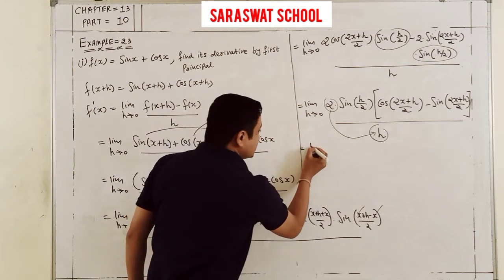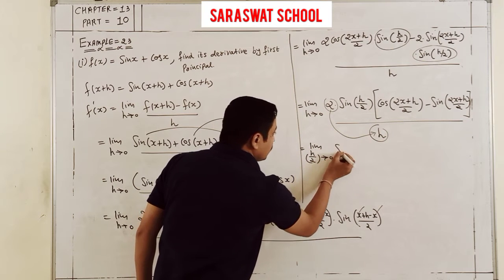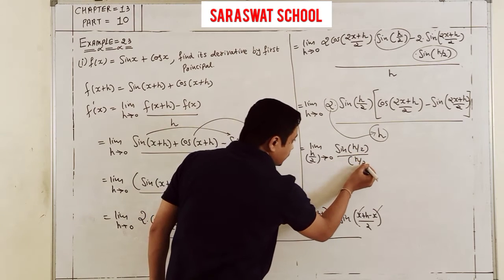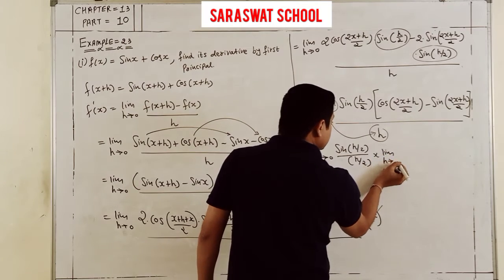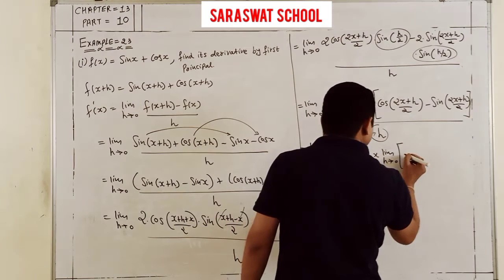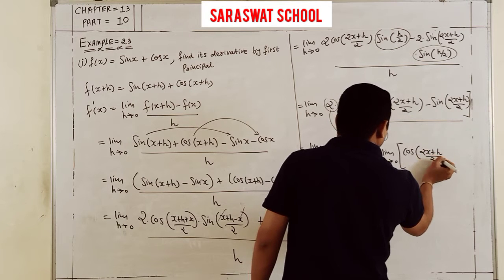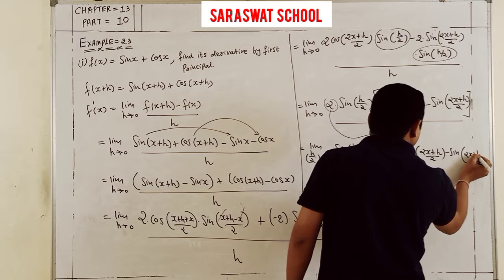So limit h by 2 tends to 0, sin h by 2 upon h by 2, and another limit h tends to 0, cos of (2x plus h) by 2 minus sin of (2x plus h) by 2.